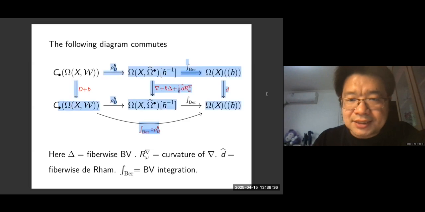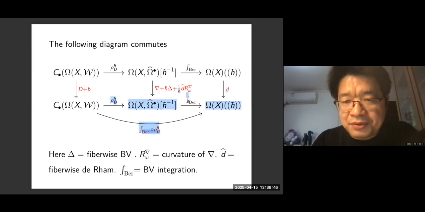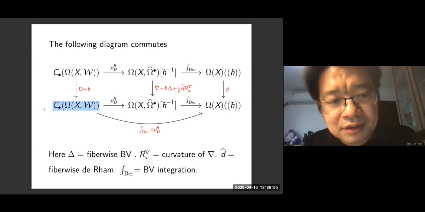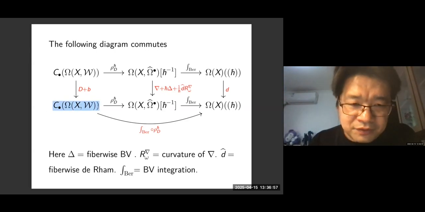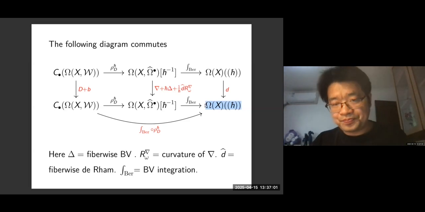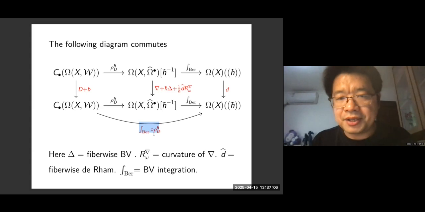This process is basically about computing topological correlation, and from the first arrow, the second map can be viewed as the integration on zero modes. That's the BV integral. Eventually, you obtain a map from the Hochschild chain complex of this Weyl algebra to a differential form on the base manifold. This composition is denoted by a red symbol here.